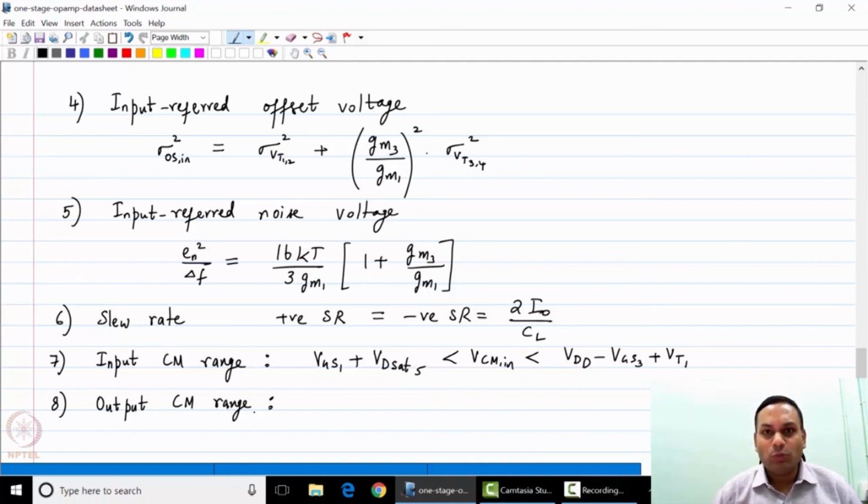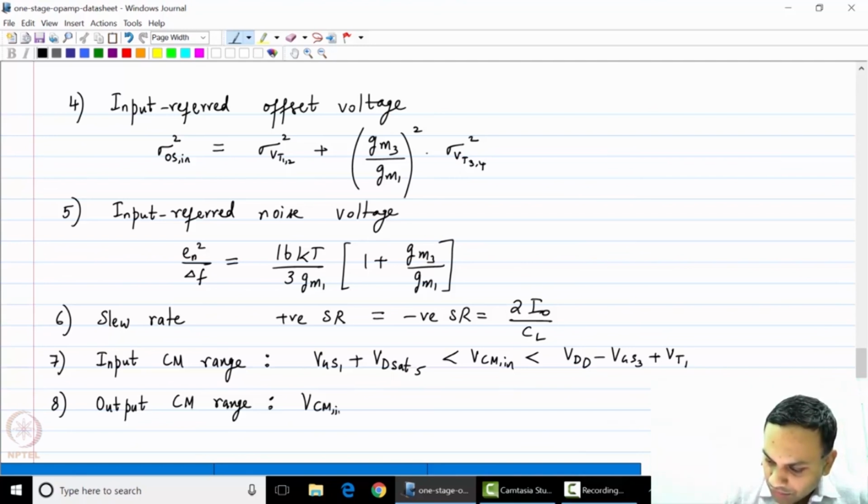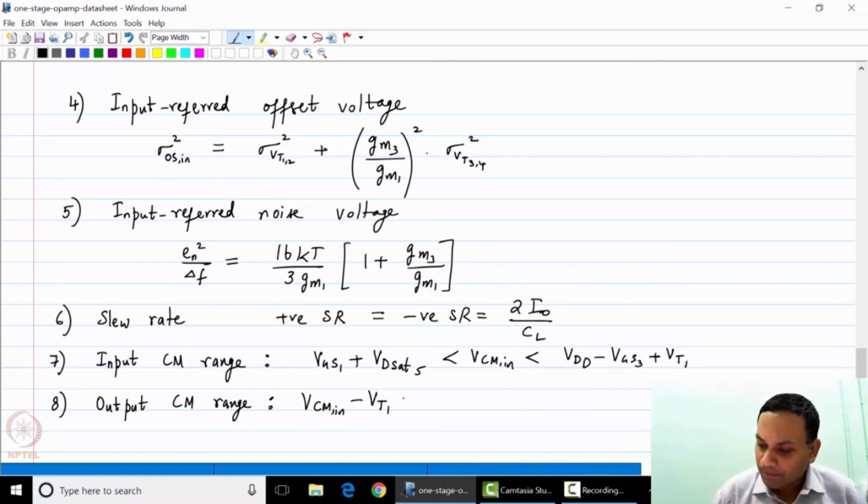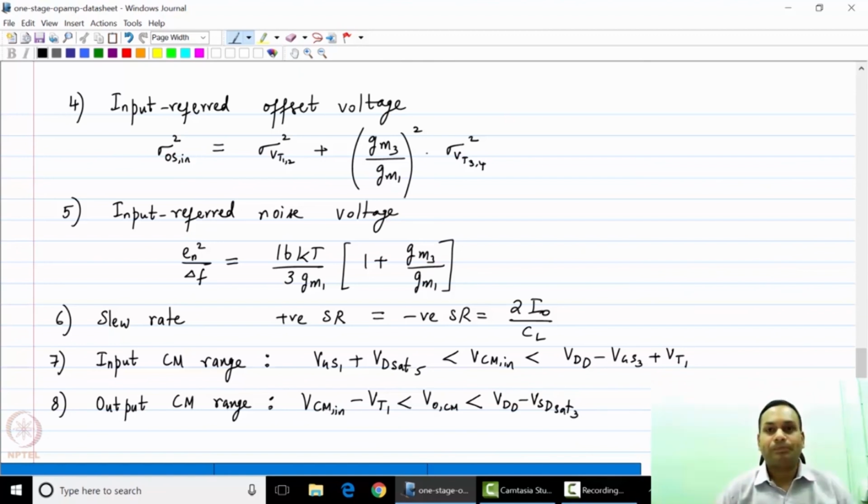As you keep reducing the output common mode, the minimum voltage that it can achieve is related to the input common mode as VCM,in minus VT1. And the maximum common mode voltage is nothing but VDD minus VSDSAT3.